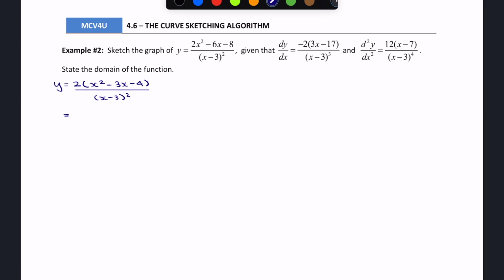And so if we factor out x squared minus 3x minus 4, we'll get 2 times x minus 4, x plus 1 over x minus 3 squared.